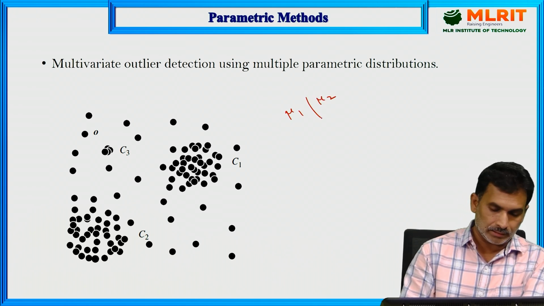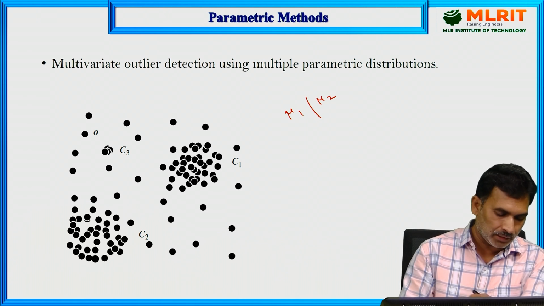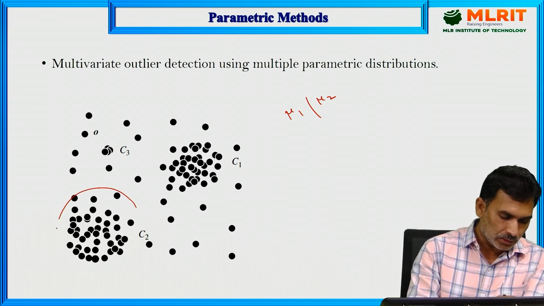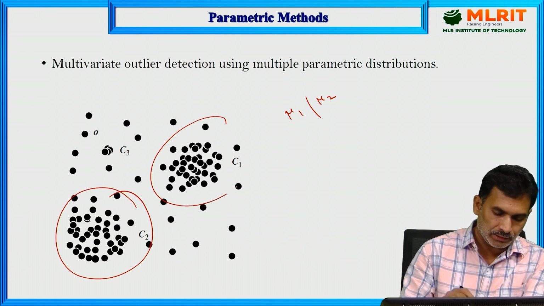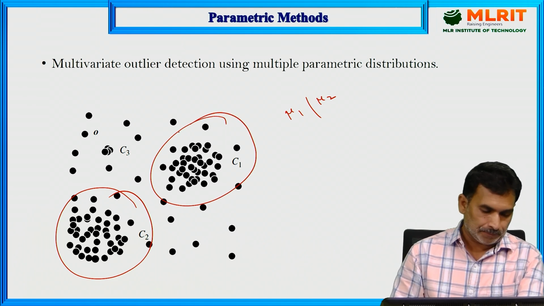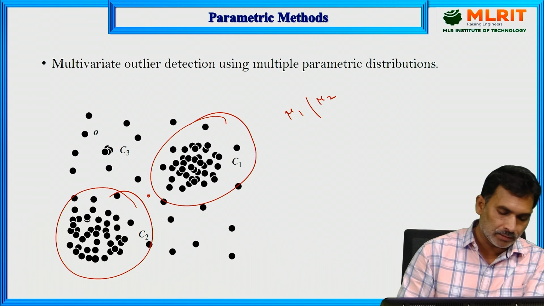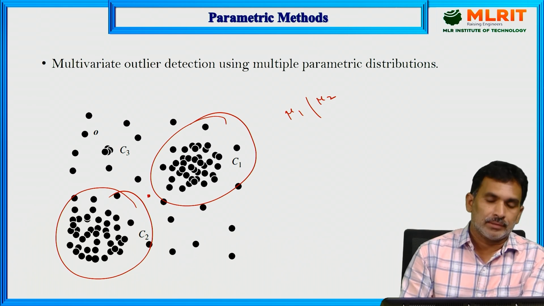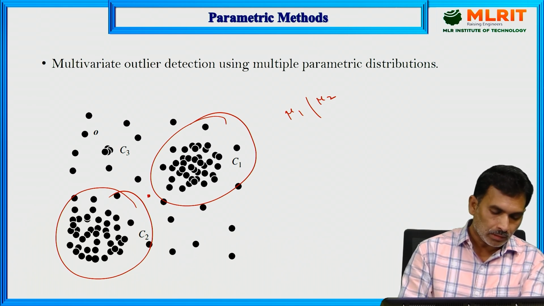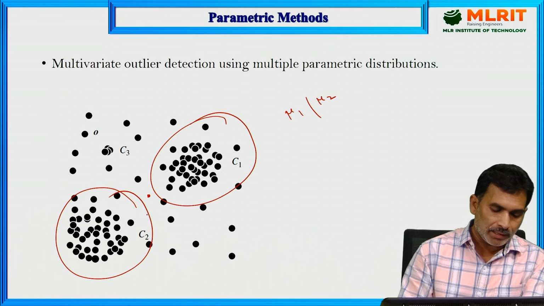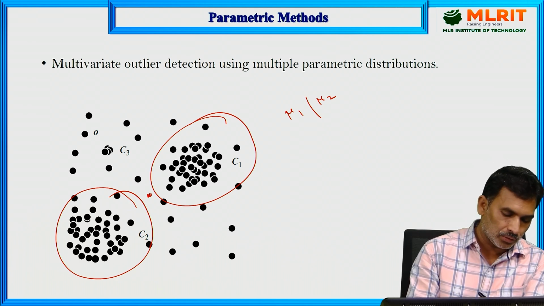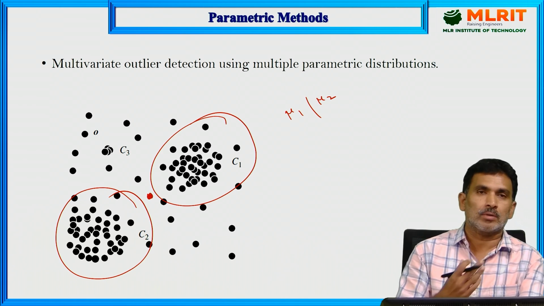These are the two means. From this diagram we can easily understand that there are two big clusters, C1 and C2. Suppose the mean is in between these two clusters, then the outliers which are near this point or the mean would not be treated as outliers because they are very close to the mean.